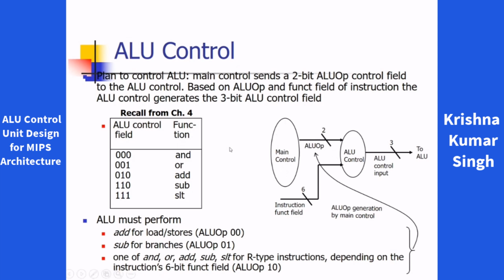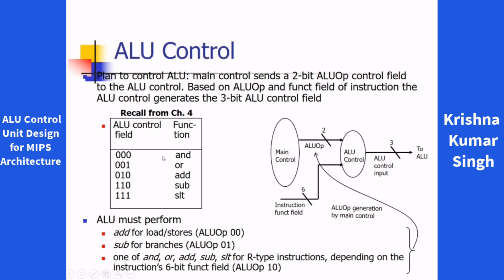As you can see, the ALU control receives 2 bits from the control unit, we name it ALU operation, and the other 6 bits are coming from the function field of the instruction. So the ALU control combinational circuit generates 3 bits. These 3 bits are given to the ALU circuit and perform different operations according to this truth table.